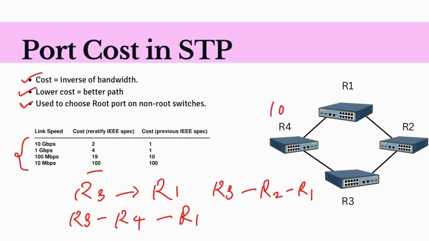Okay, imagine the speed is 10 Mbps here, 10 Mbps here, and 10 Mbps here, and here it is 100 Mbps.